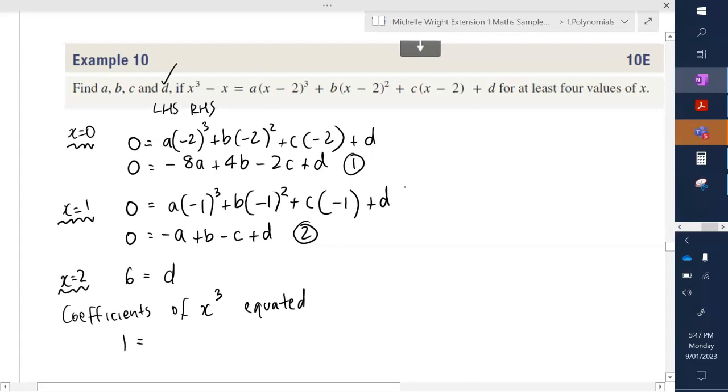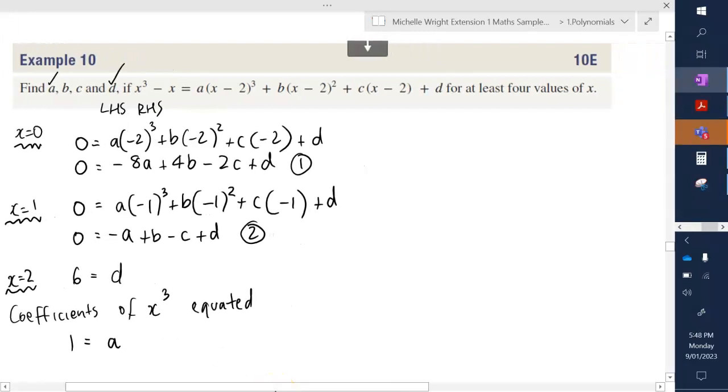But on the right-hand side, there's only one set of terms with a cubed in it, and there's only going to be one value where x is cubed. So I know that my leading coefficient is going to be a times x cubed. So 1 is going to be equal to A.